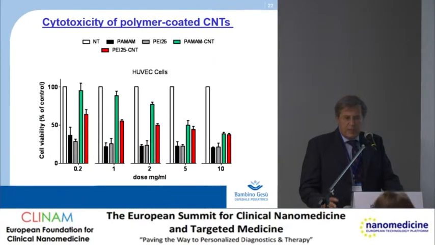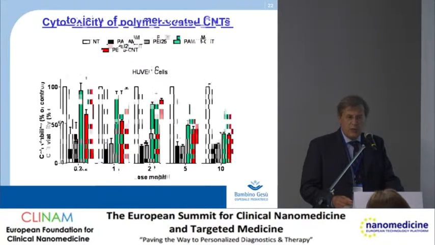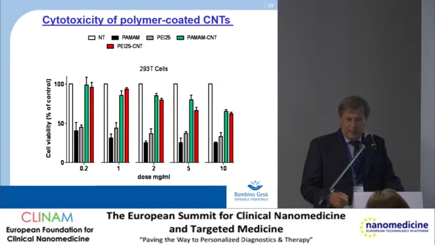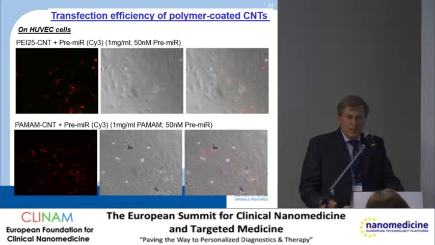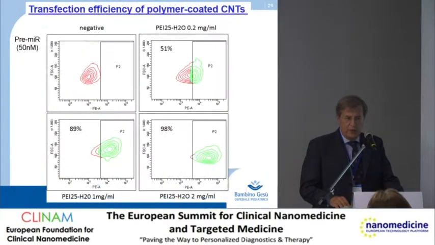The toxicity of the coated nanotubes is rather low, although obviously it depends on the dose. In two cell lines, and particularly with the PAMAM coating of the carbon nanotubes, we have been able to demonstrate an effective transfer of nucleic acid within the cell, both for DNA and for RNA, and the efficiency of this transfer is rather good.